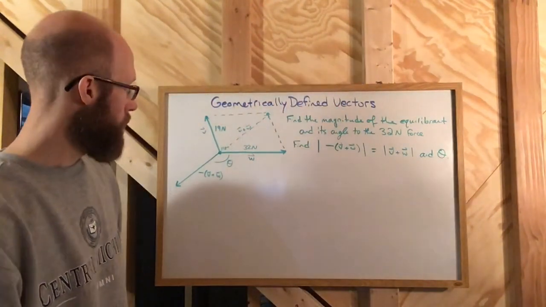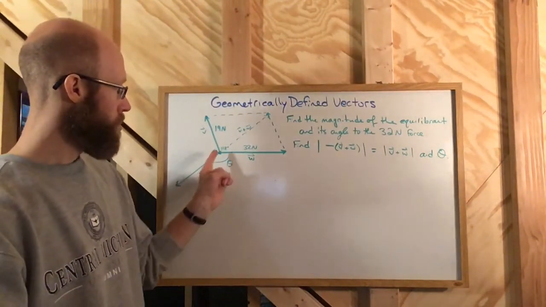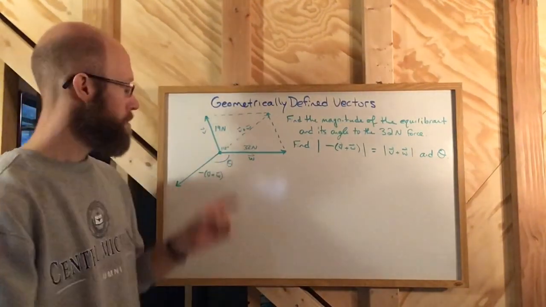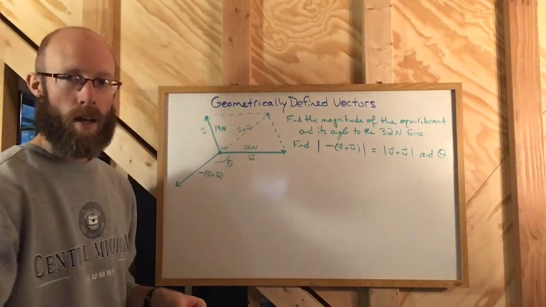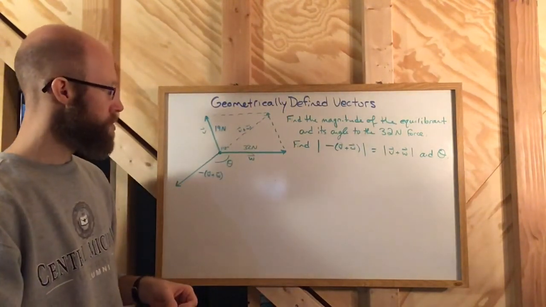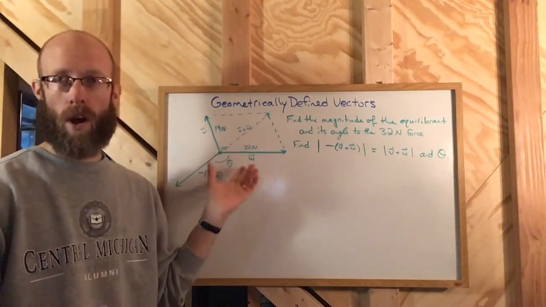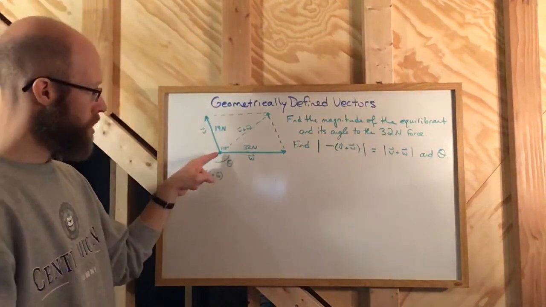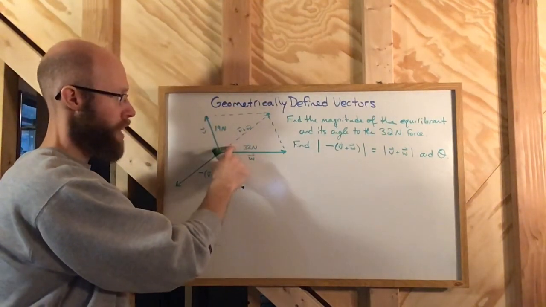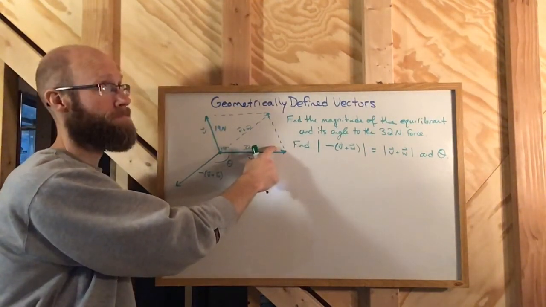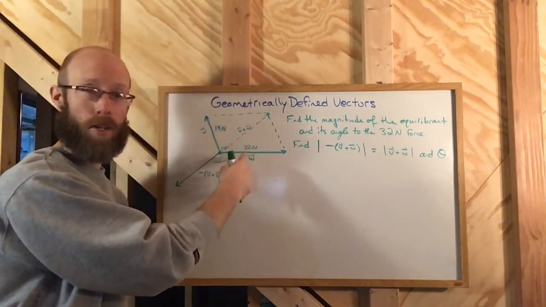So what I'm going to do is first find the magnitude of that side by finding the magnitude of V plus W. And that's going to be solving a triangle. I already mentioned in a previous video that adjacent angles in a parallelogram are supplementary.